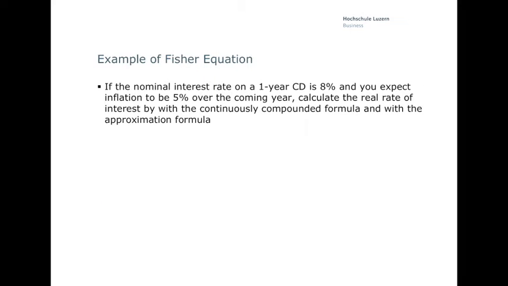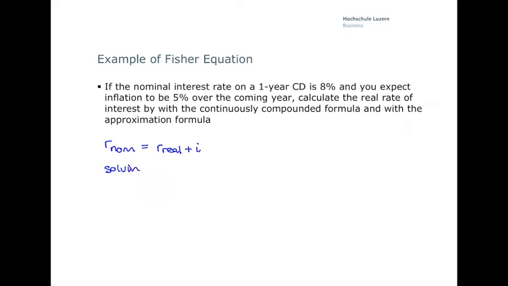Let's have a look at an example using the Fisher equation. If the nominal interest rate of a one-year certificate of deposit is 8% and you expect inflation to be 5% over the coming year, now calculate the real rate of interest first with the approximation and then afterwards with the compounded formula. So now the initial formula is actually the nominal rate is equal to the real rate plus inflation.